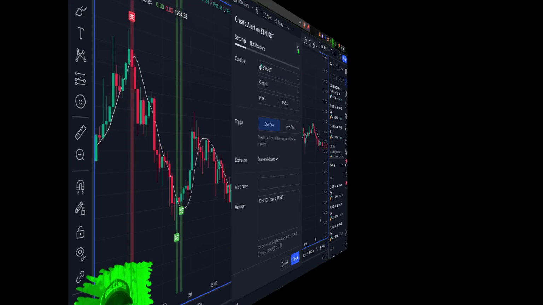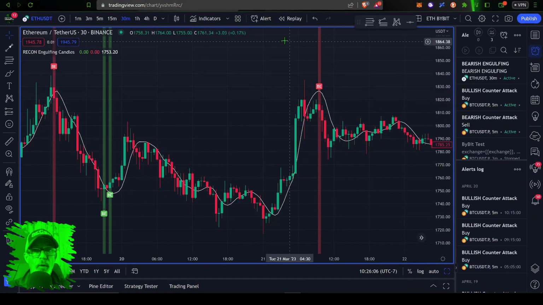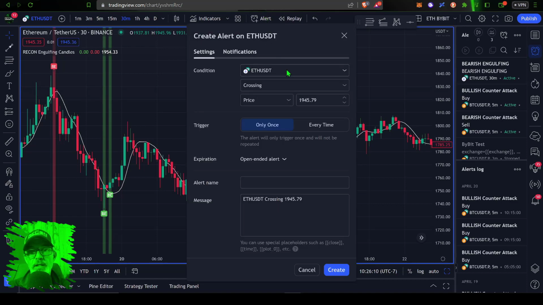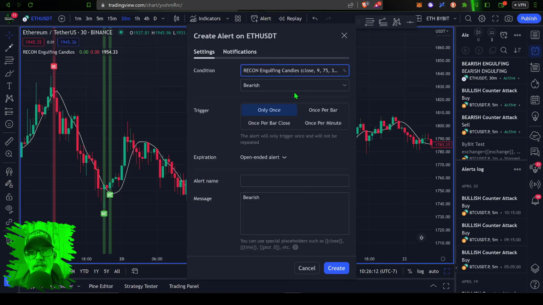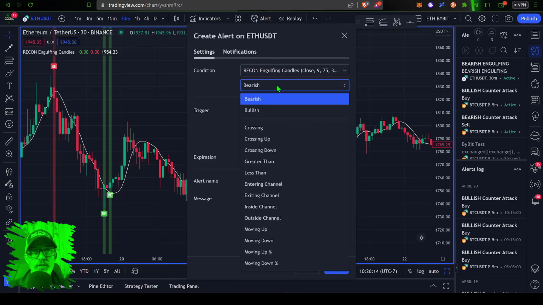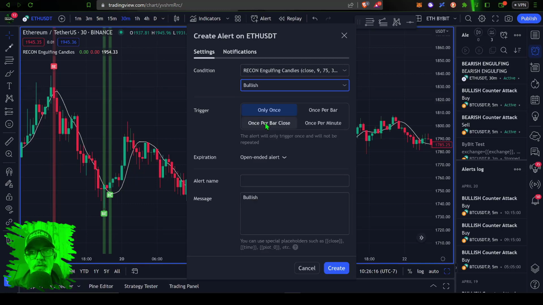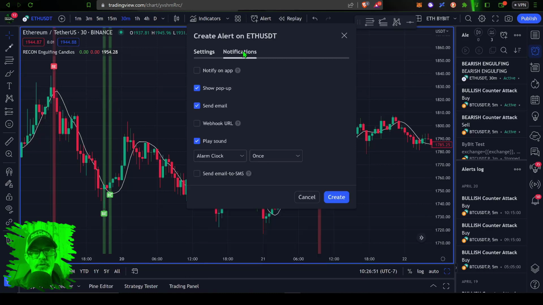And so now I want to actually set up a bullish version of the alert. So I just come back to the alert tab, give that a click, select the RECON engulfing candles, select bullish once per bar. Also, you can select how you want to actually be notified once per bar close. If you click on notifications, I have it as a default to show a pop-up on the screen, send me an email, and to actually play an alarm clock sound.